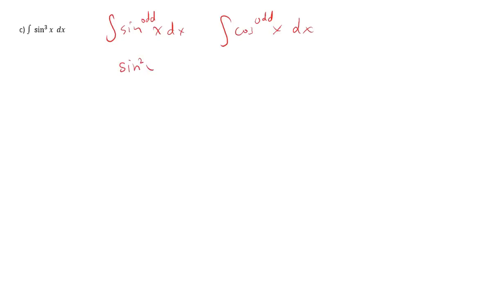Sine squared of x is 1 minus cosine squared of x, and for this one you would use cosine squared of x is equal to 1 minus sine squared of x. Hopefully you guys know this formula. Now if this power is even, that's a different story. If it's even, you have to use some other formula. I do have an example later which handles that case, so I'll explain that one later.